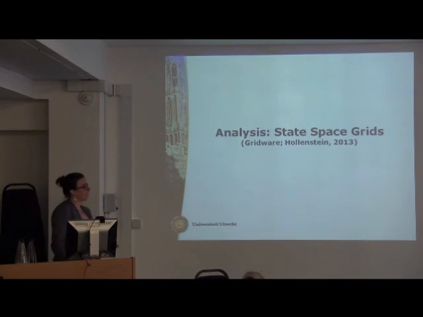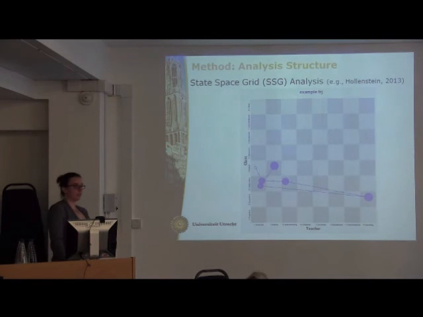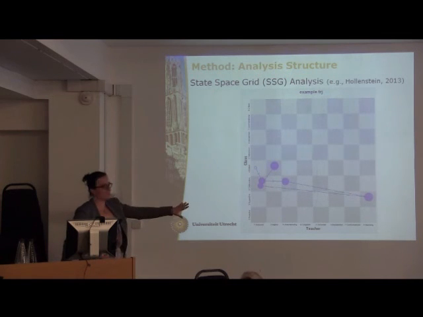Another type of analysis that I use myself is state-space grid analysis. It provides you with a visualization of the interaction trajectory and how the behavior of people, in this case teachers and students, moves through the interpersonal circle. It might be a little bit strange, but the octants of the circle are collapsed across the dimensions.